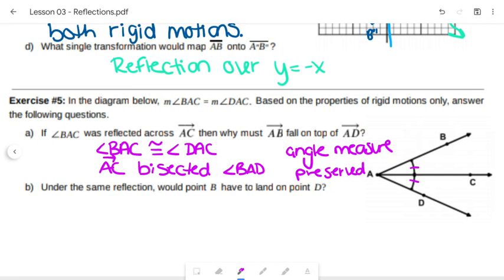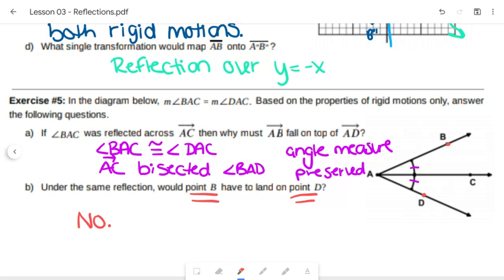Now, under that same reflection, would point B have to lie on point D? Well, let's just look at it. B is up here and D is up here. While it might not be drawn to scale, there's no indication that that definitely has to happen. We don't know. AD and AB were never indicated to be the same length or anything similar.